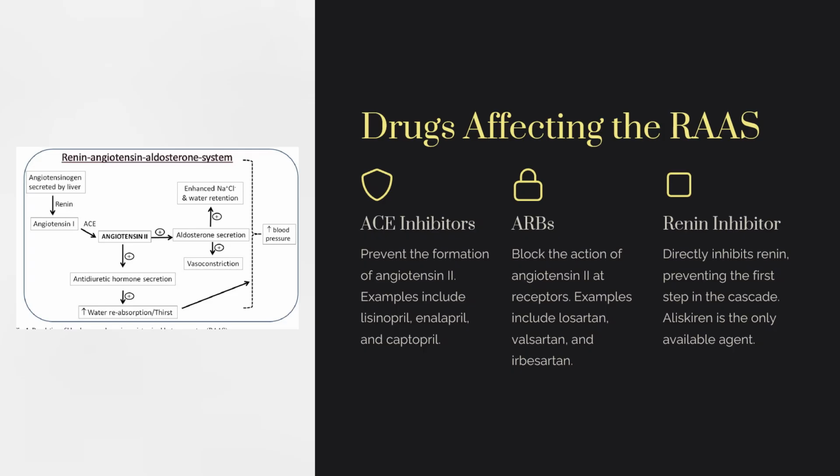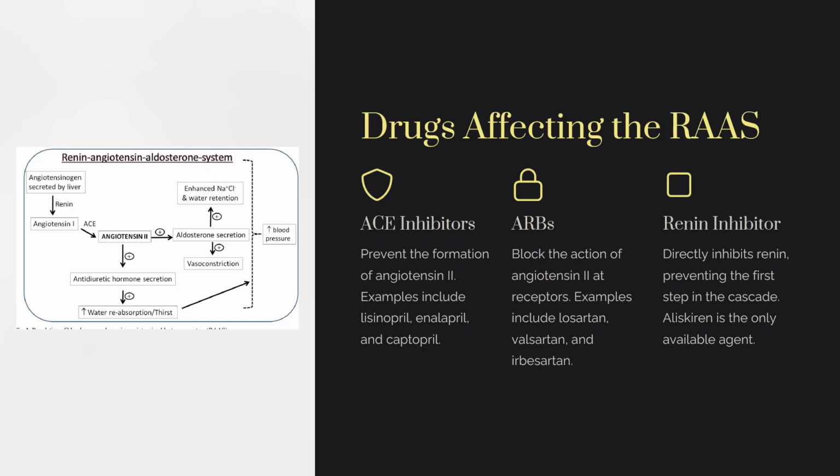I'm not saying always, because I don't know why these people do the things they do. But most of the time when you see pril, think ACE inhibitor. Okay? ARBs. Some examples of those are losartan, valsartan, and irbesartan. What's our theme there? Sartan.